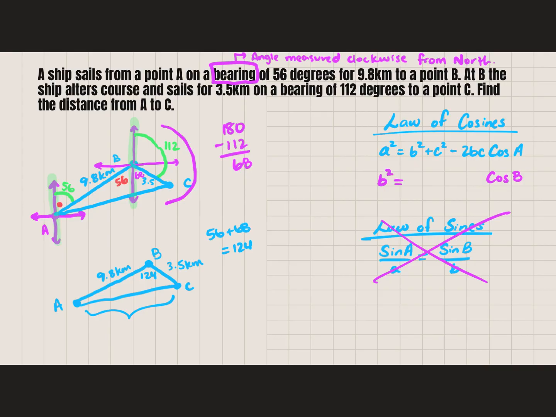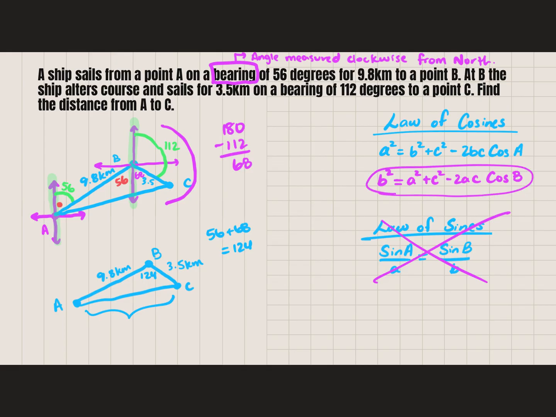And if that's the case, then I need to replace my sides inside as A and C. So this is really the law of cosines formula that I want to use for this triangle.